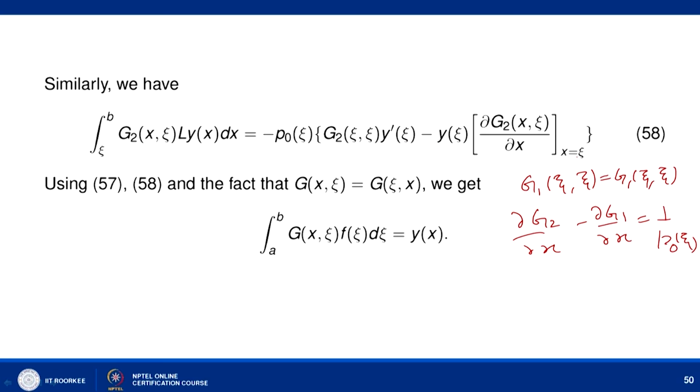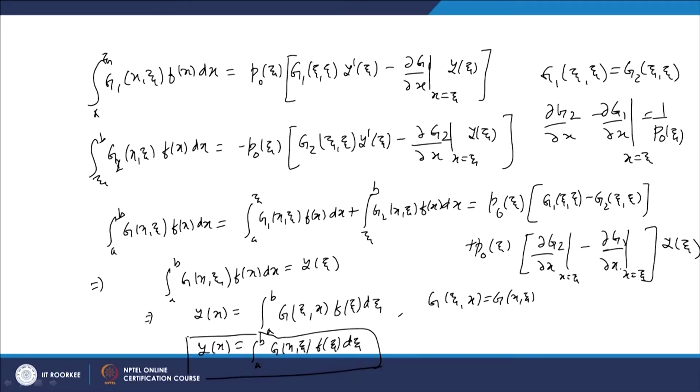So, using these estimates and the continuity property that g1(xi, xi) equal to g2(xi, xi), and ∂g2/∂x minus ∂g1/∂x at x equal to xi is equal to 1 upon p0(xi), we can write that the integral from a to b of g(x, xi) f(xi) d xi equal to y(x). Here also we have utilized the symmetry property that g(x, xi) equal to g(xi, x). Let us just simplify this procedure like this.